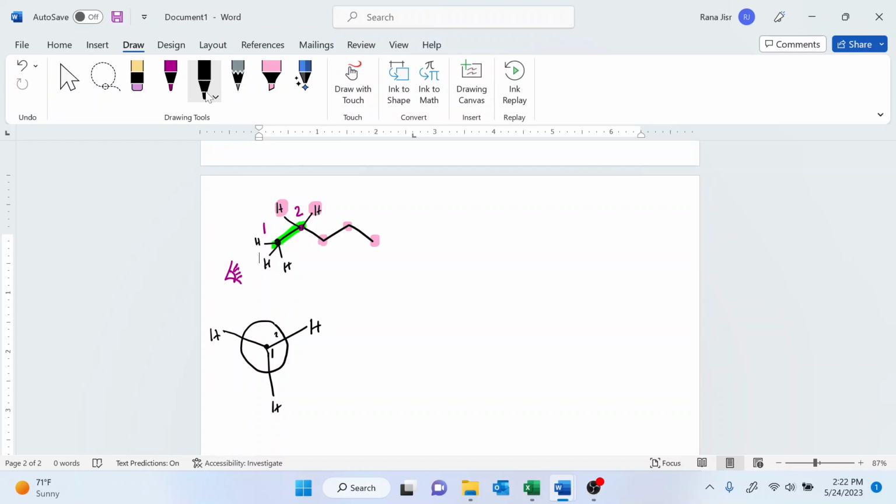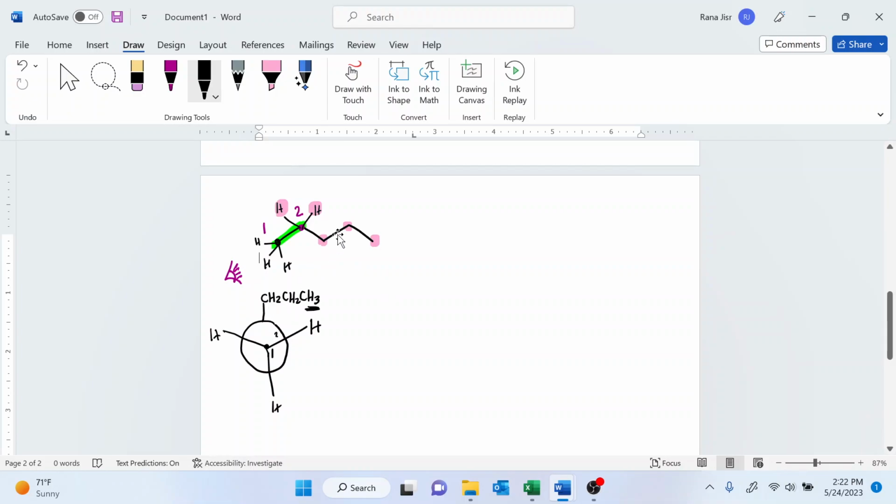So remember what I said, that the longest carbon chain, make it vertical, on the vertical line. So on the vertical line here, I'm going to end up having my 3 carbons: my CH2, my CH2, and my CH3. CH3 is at the end, so don't put the CH3 here. It is at the end. If you put it here, then the carbon is going to end up having 5 bonds.